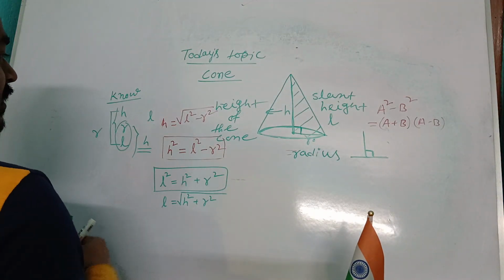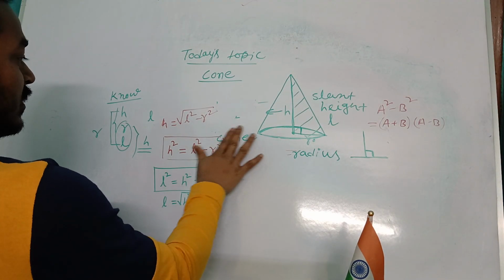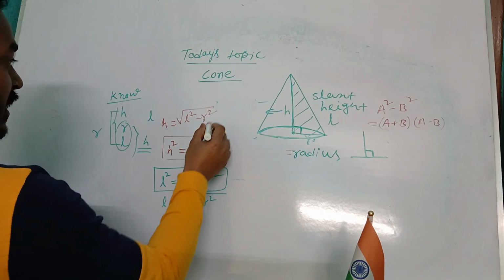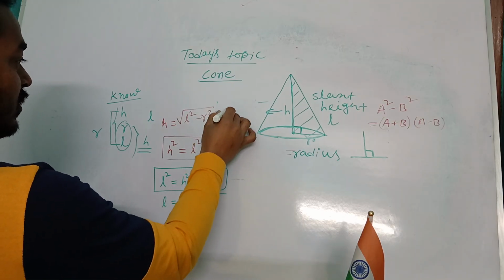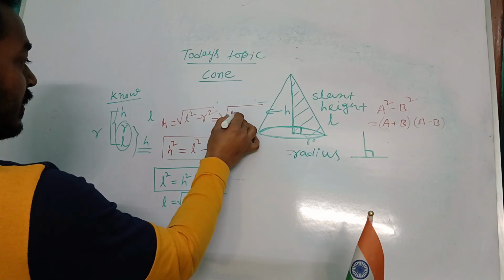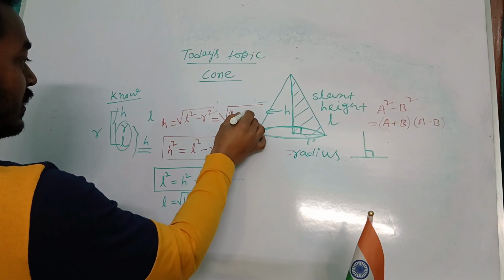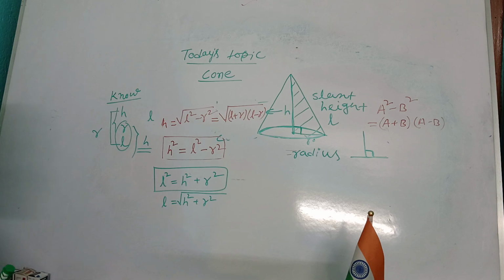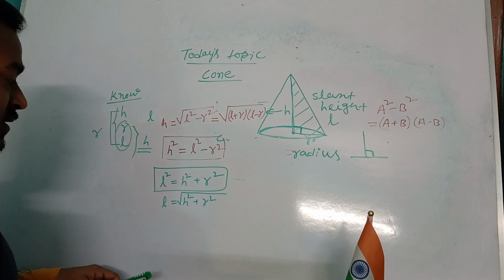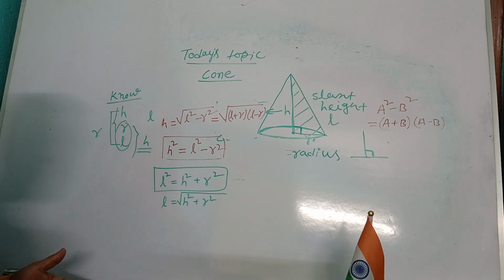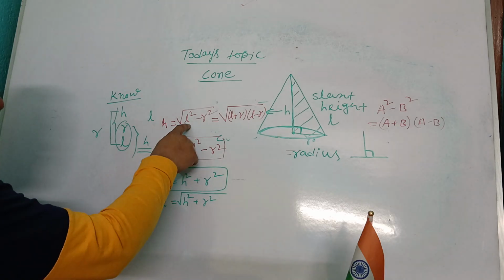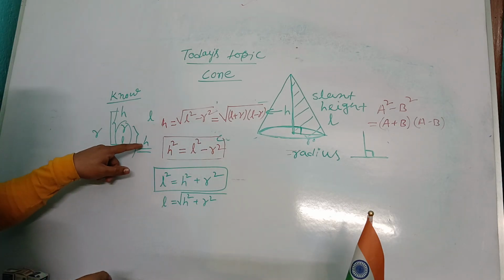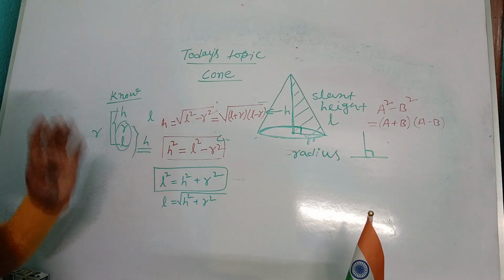Similarly we can write it as the square root of L plus R into L minus R. So this is the concept. When L and R are known and we have to find H, then H is equal to this much.